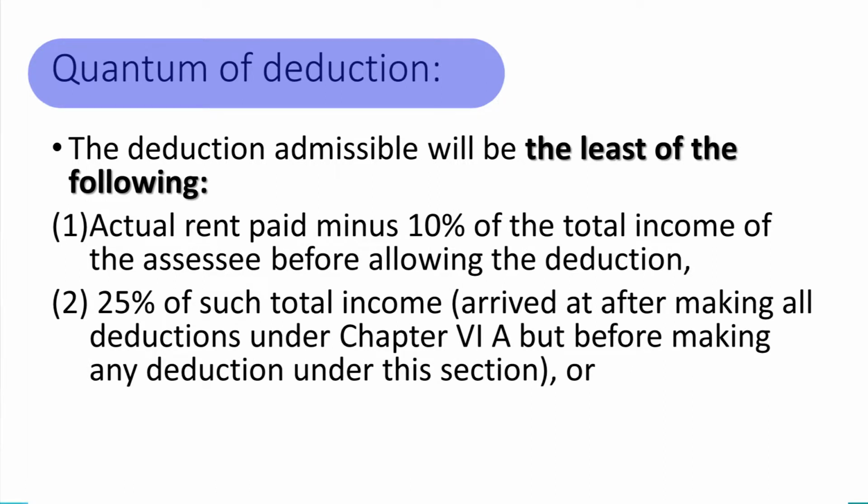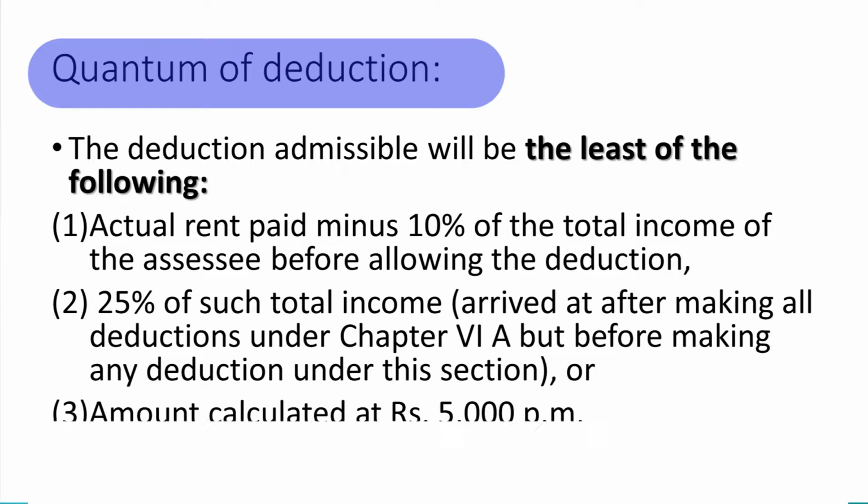Total income is arrived at after making all deductions under Chapter 6A, but before making any deduction under this section. And number three is the amount calculated at rupees 5,000 per month. So out of these three, the least can be claimed as deduction.